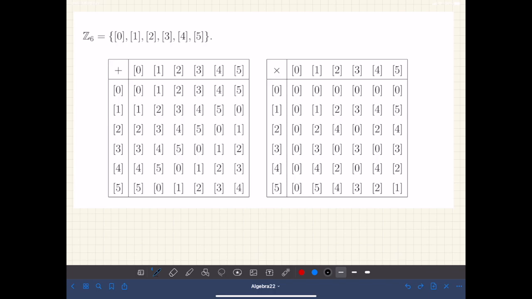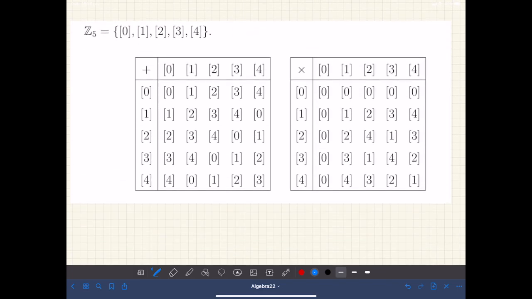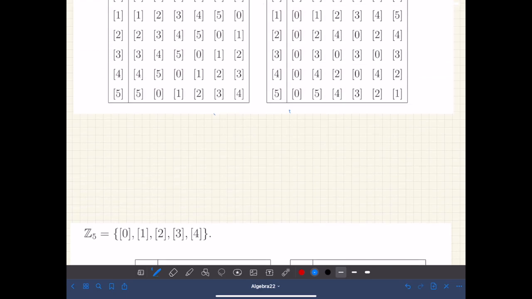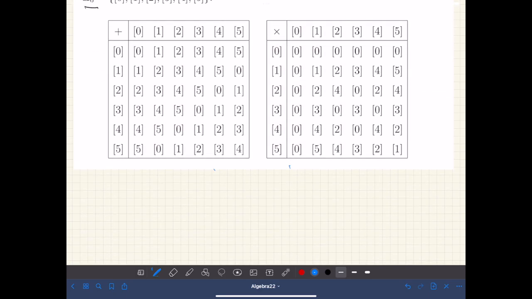So we have seen Z6 defined by these tables and Z5 defined by these tables. They are both rings, but they have different properties.